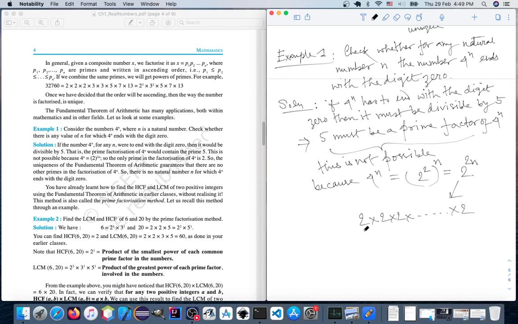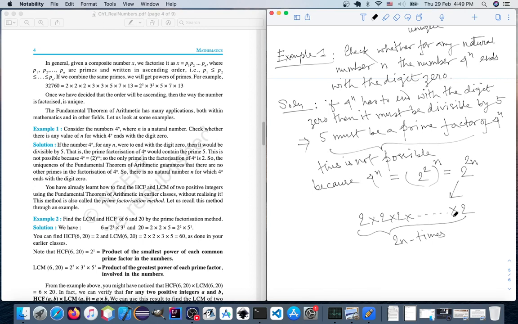How many 2s are there? 2n times. So we can clearly see that the factorization of 4 to the power n contains only one prime factor, which is 2. So it doesn't have 5.